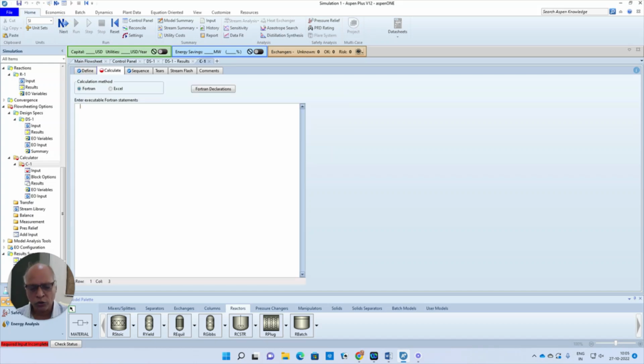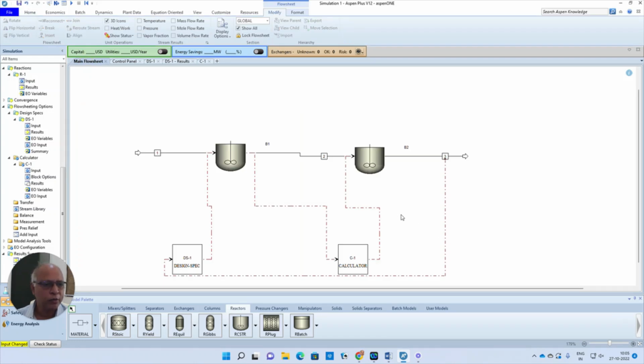As you can see, you can use either Fortran or Excel. Now, should I write V1 is equal to V2 or V2 is equal to V1? We should write V2 is equal to V1 because we are reading the value of V1 from Aspen, making it equal to the volume of the second reactor and export it back to Aspen. So with this calculator block, you can see what it is doing.